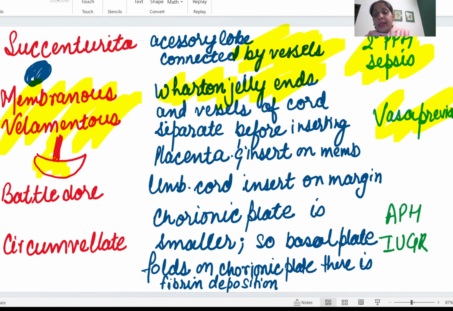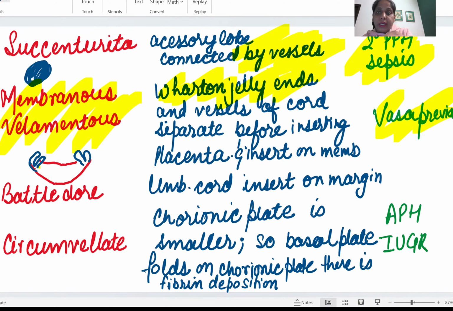But what if the chorionic plate is of smaller size? Say the chorionic plate ends up like this and the basal plate is up till here. Then in this margin where there is no chorionic plate, the basal plate and the amnion chorion membrane will get together, and it will lead to deposition of fibrin, which will cause APH and IUGR.